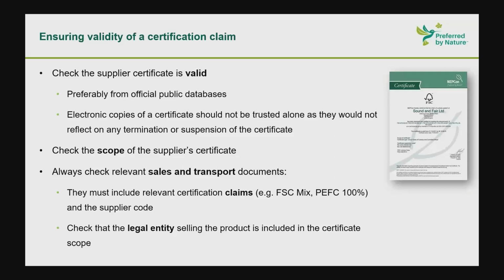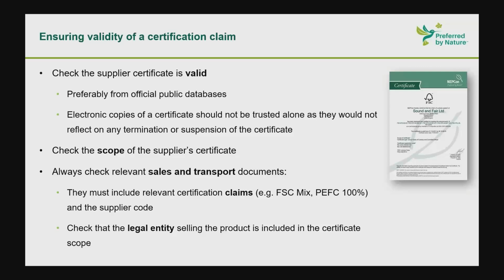Important to use public databases when they are available, right? Because the way it works usually is that the certificate can be delivered for a period of, let's say, 5 years, but the auditor will come every year. And if, let's say, in the 3rd year, they notice some major non-conformance, or maybe the entity is not interested anymore, then the certificate can be terminated.